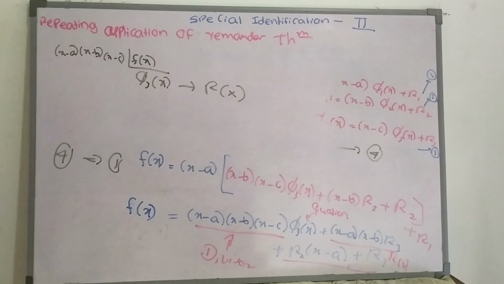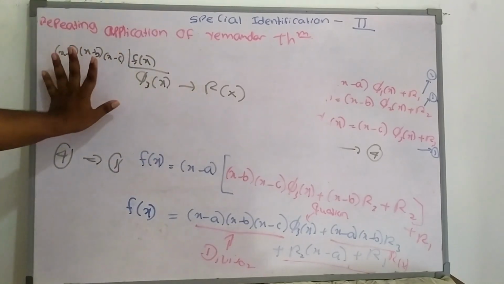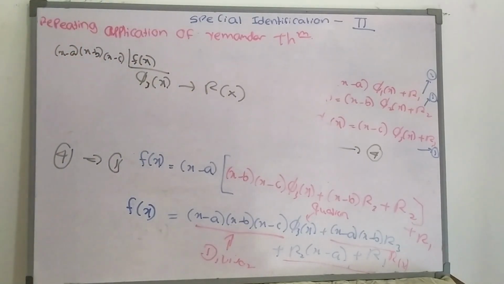Once you use the repeating application of the remainder theorem, you have to divide the function one by one, connect all the simultaneous equations together, and you will directly find the remainder of the whole product divisor, the remainder of the whole product, right? Whole product. Okay.